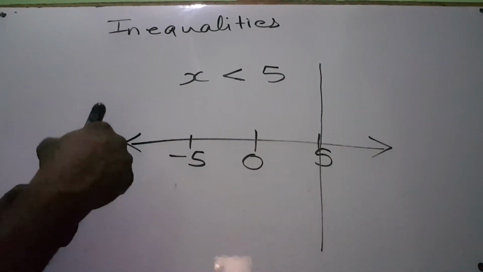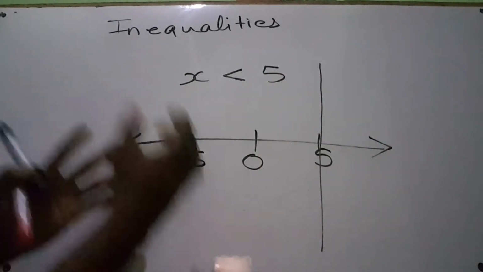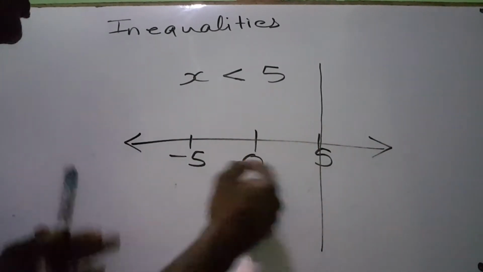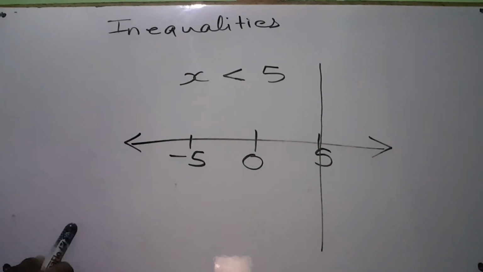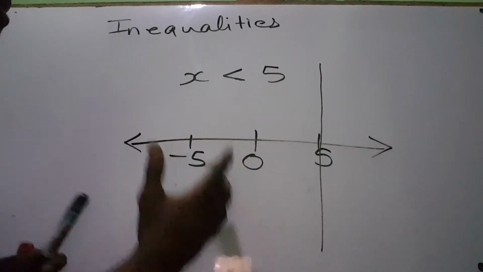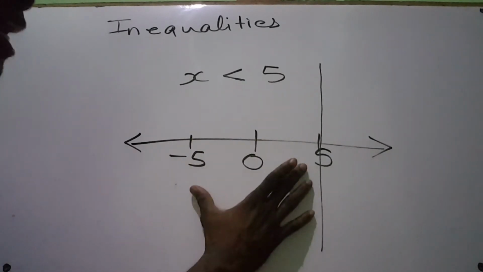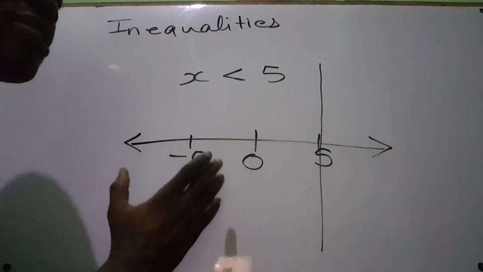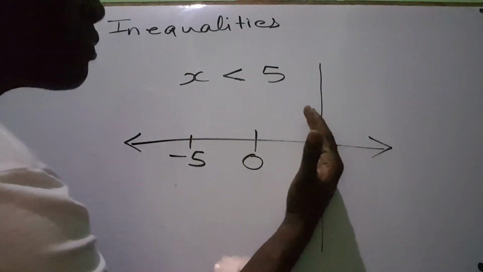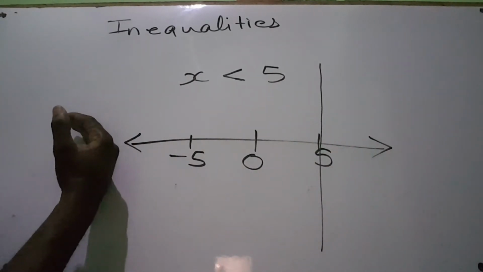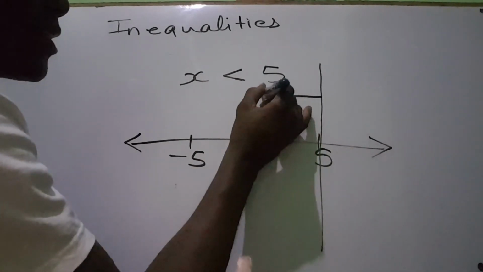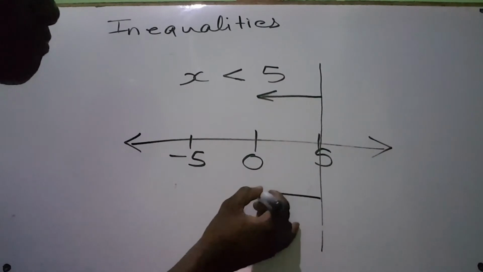So, what this is saying is that the answers are less than 5, which means that 5 is not a part of my solution. Because 5 is not a part of my solution, all the answers that I'm looking for are to the left of 5. So my answers are pointing in that direction.